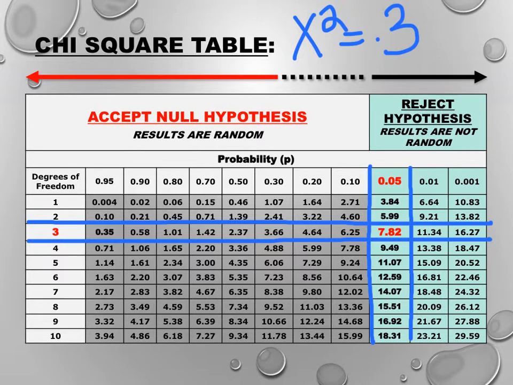Okay? So 0.3 is definitely smaller or lesser than 7.82. We would have to go in this direction to run into 0.3. It's actually even smaller than over here. So we would need to accept this null hypothesis.